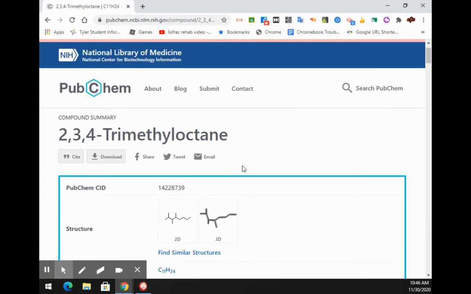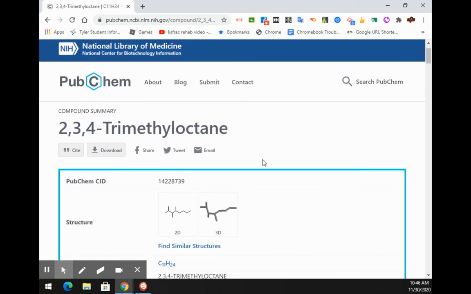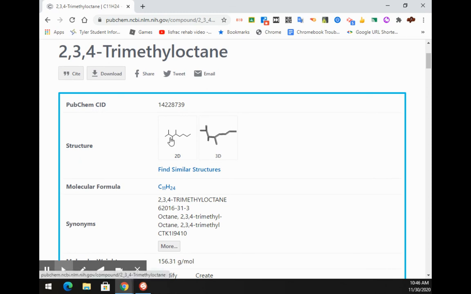And you can type it into Chemistry Builder or PubChem, and it'll do it for you. So here's the 2D structure of it.